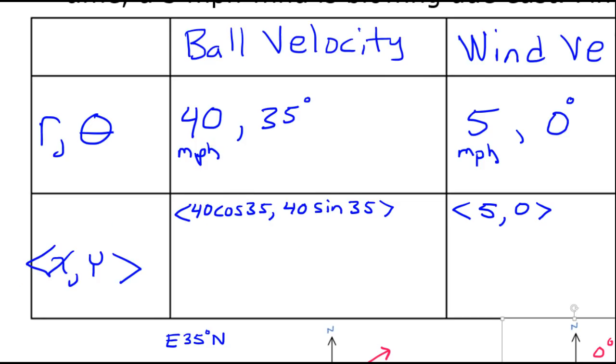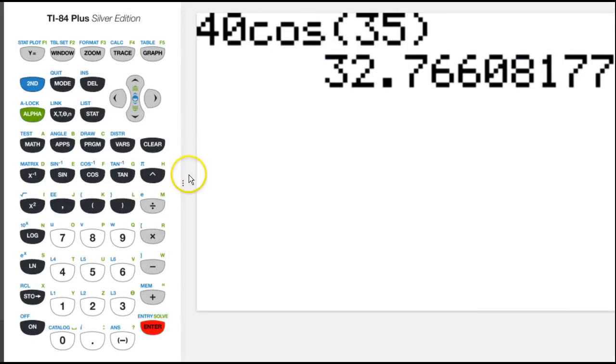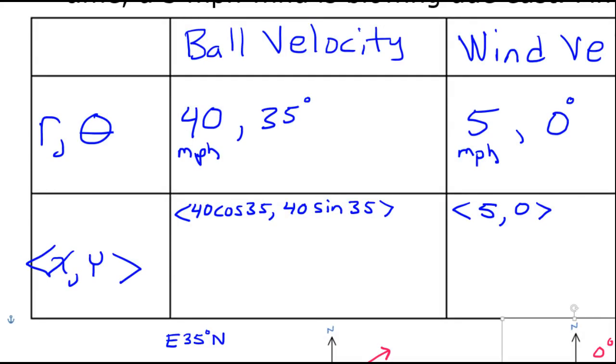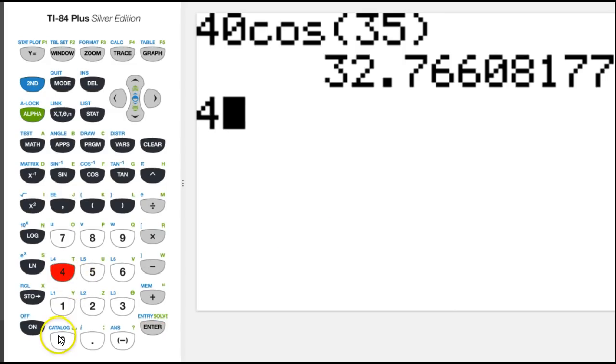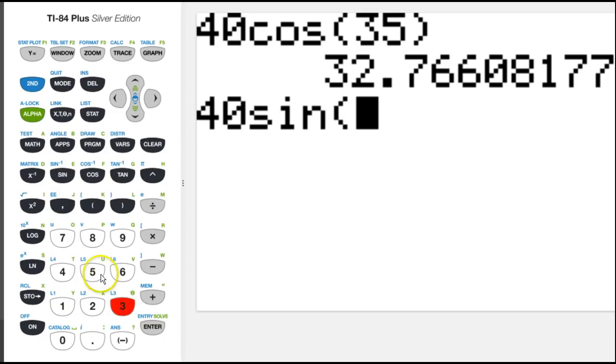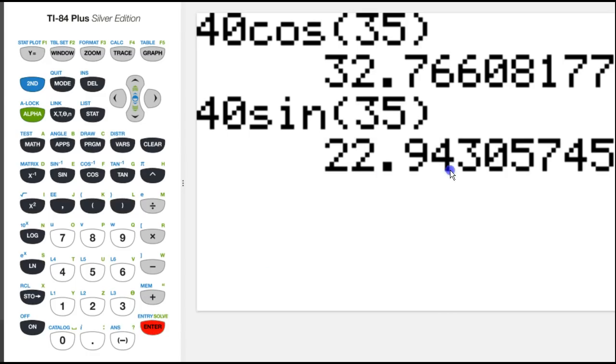Miles per hour. And if we do 40 sine 35, that's 22.94 miles per hour.